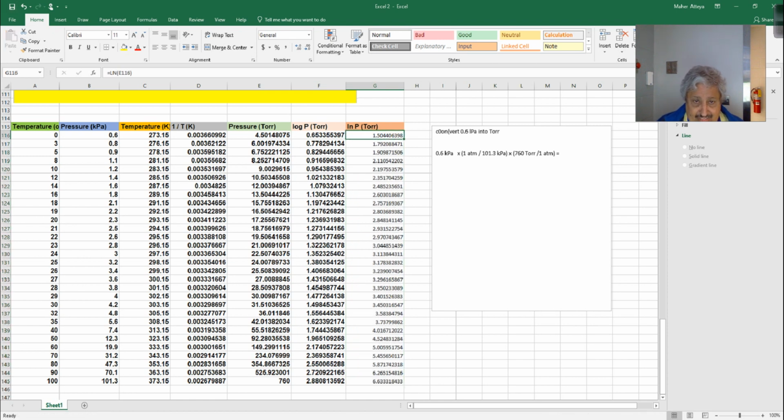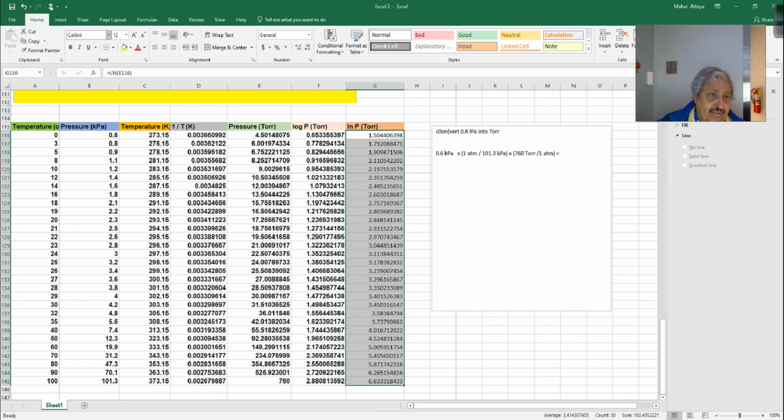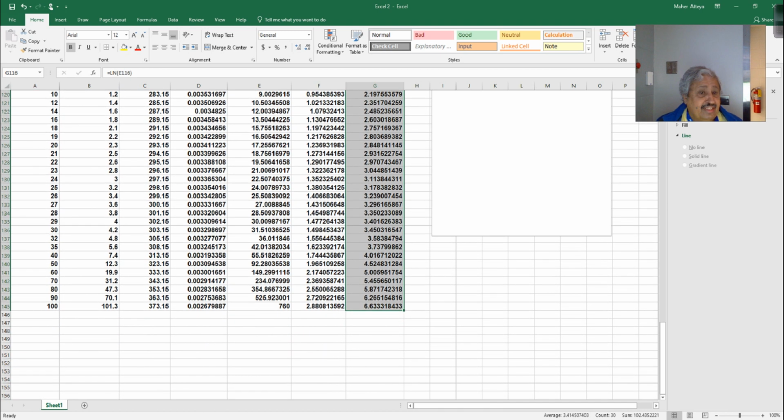The font size is 12, Arial, and it's bold. Now, guys, I will keep this file and post it on iCollege as well, so you get the idea of what we did.